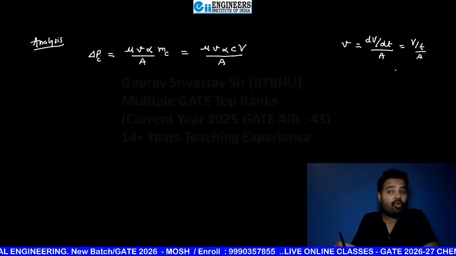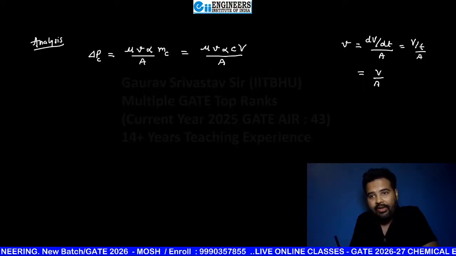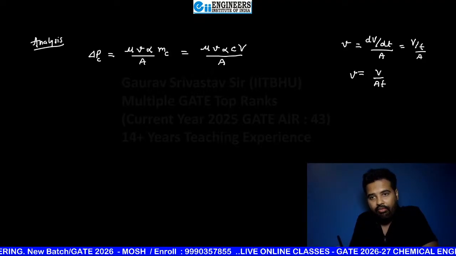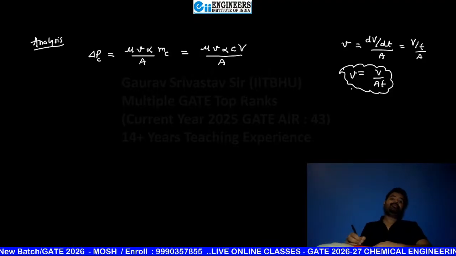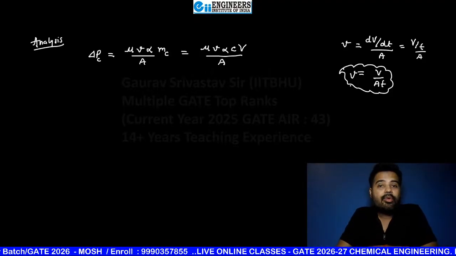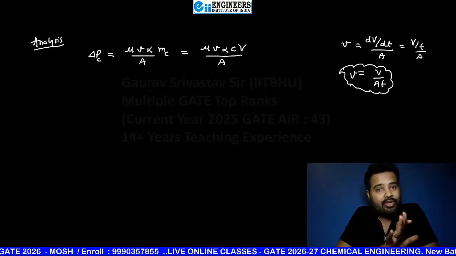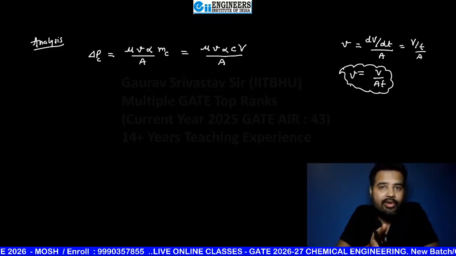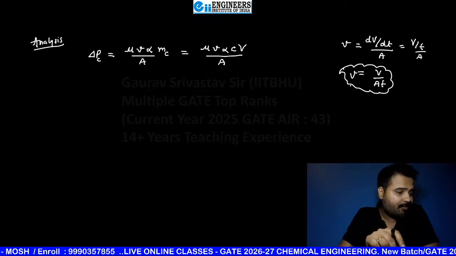It will remain the same for this case only. So you can write V upon At here, because this is now not a function of time. The flow rate is constant. That means the velocity of filtrate is a constant value for this case, for constant rate filtration.